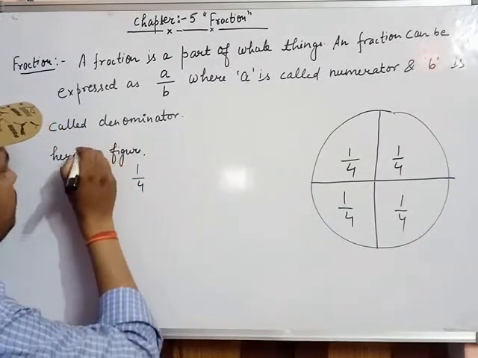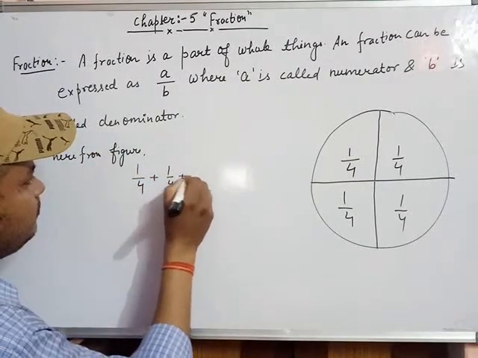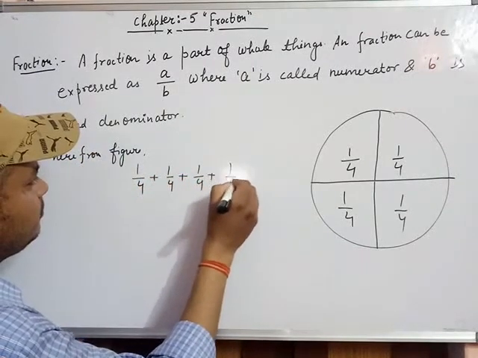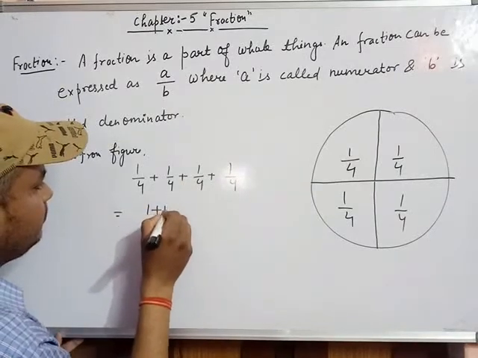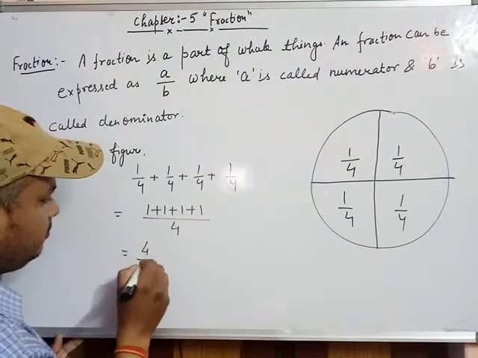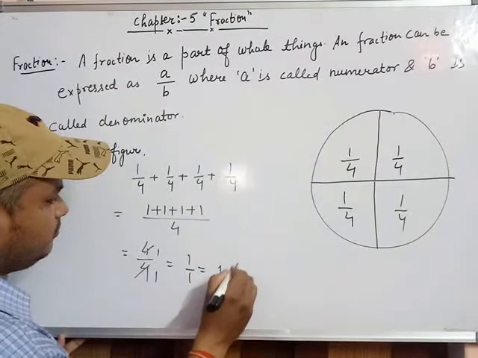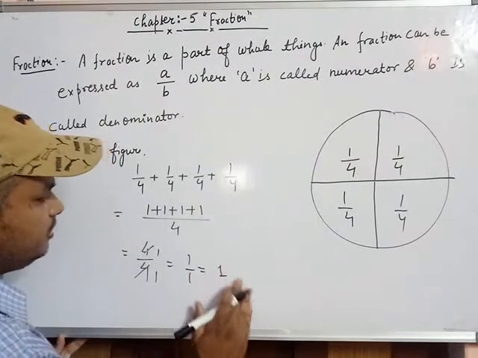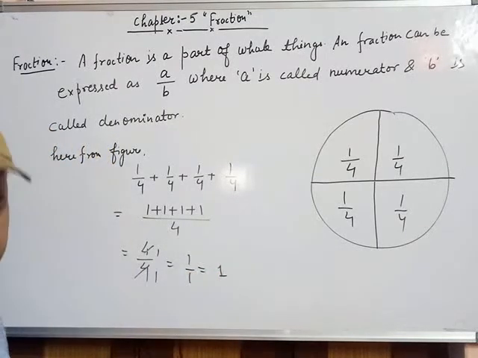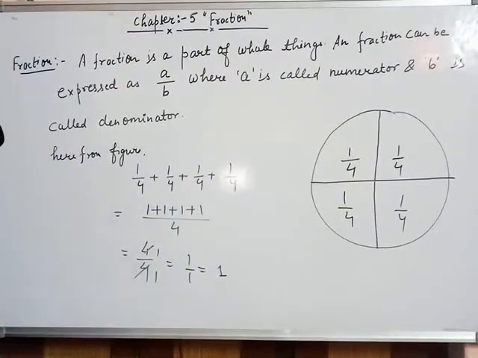Here, from the figure, 1 upon 4 plus 1 upon 4 plus 1 upon 4 plus 1 upon 4 is equal to 4 upon 4. 4 cancels 4, it means 1 upon 1, that is 1. This shows that fraction is a part of whole. Okay, so students, before moving to our next question, pause the video to note it down in your copy or take a screenshot.